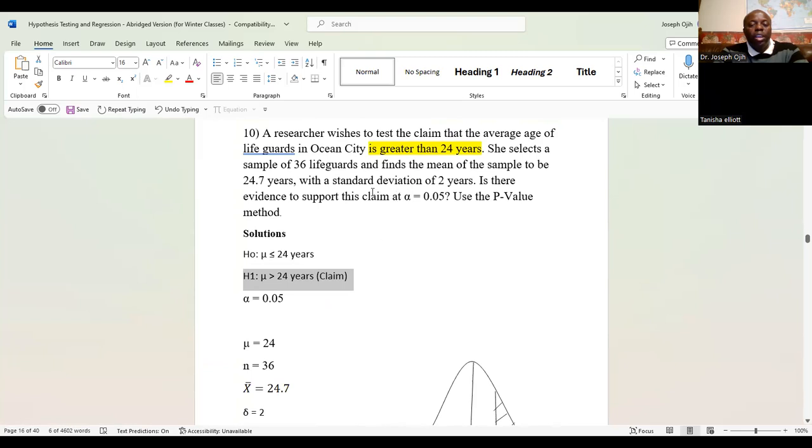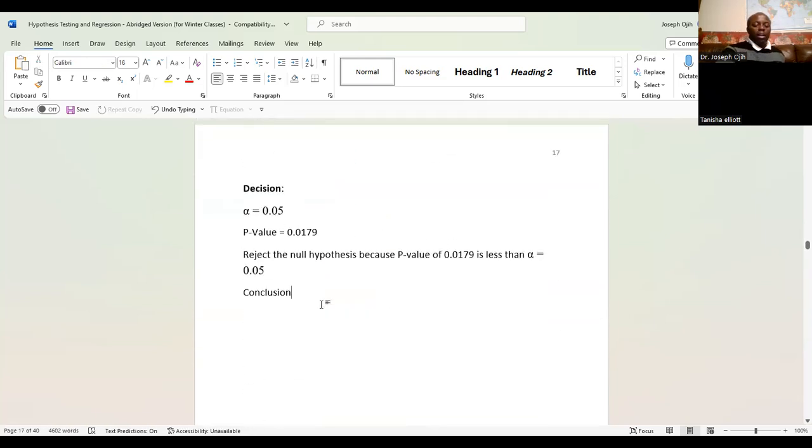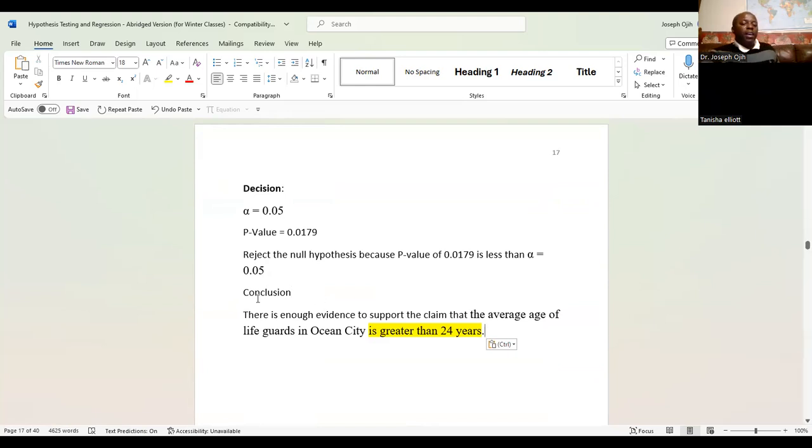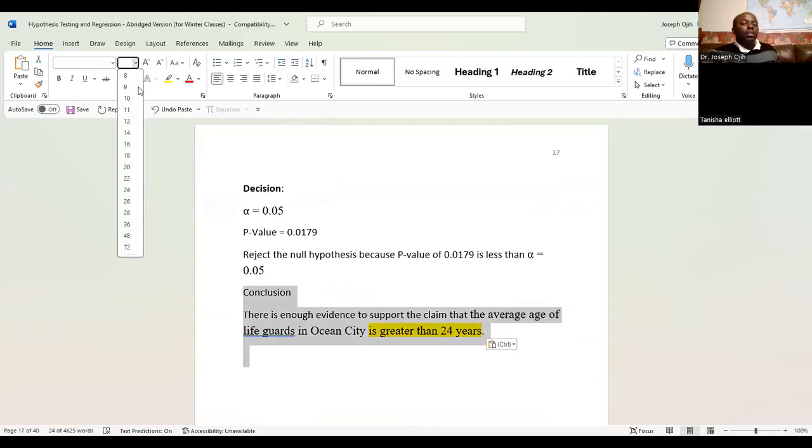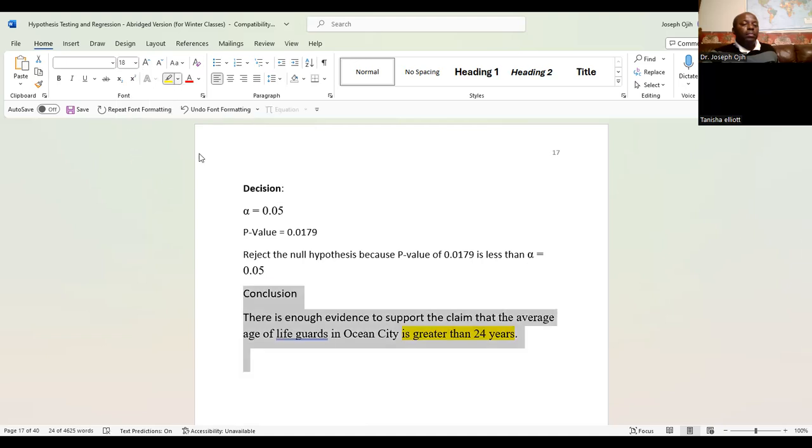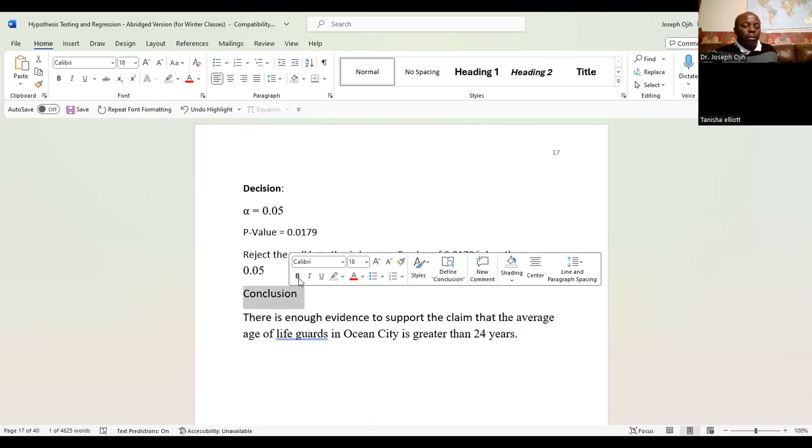There is sufficient evidence to support the claim that the average age of lifeguards in Ocean City is 24 years, or whatever the claim is.